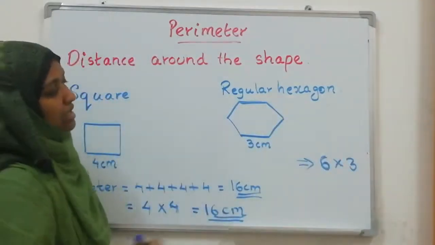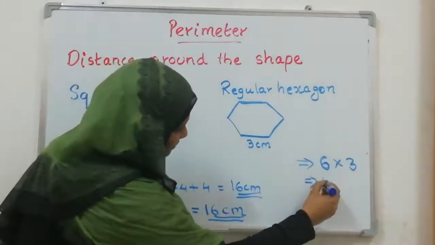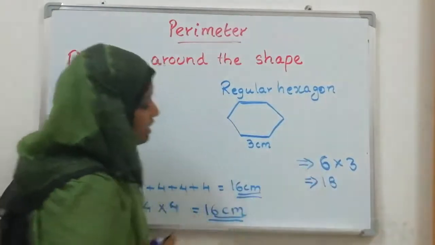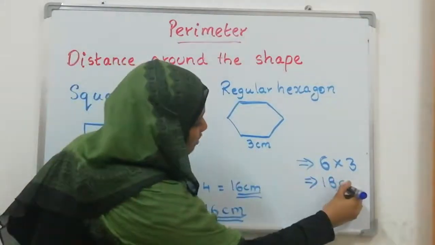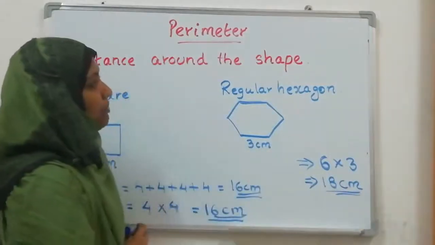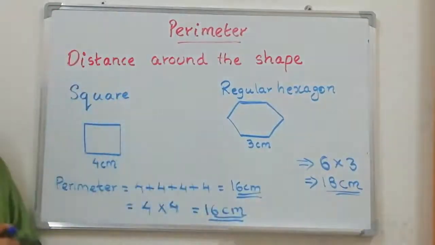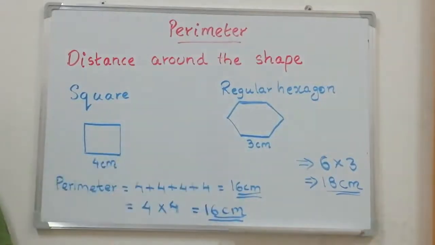What is 6 times 3? It will be 18. And the unit of measurement given here is centimeter, so your answer will be 18 centimeter. So this is the perimeter of a regular hexagon with one side equal to 3 centimeter.